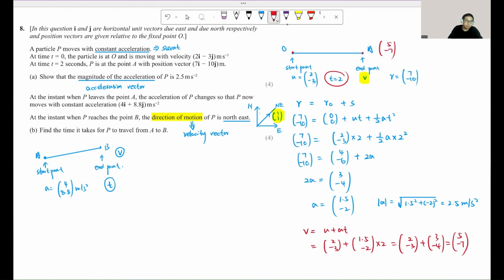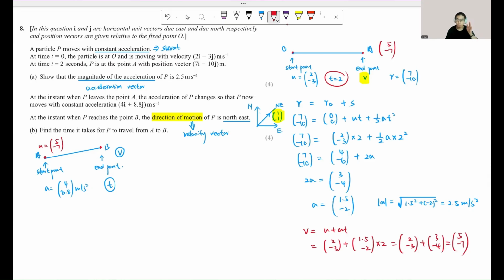Which means the velocity at point A here should also be (5, -7). It's just that, in this case, A is our starting point and B is our end point. We call the velocity at A to be U in this calculation, and the velocity at B to be V. So don't get confused.